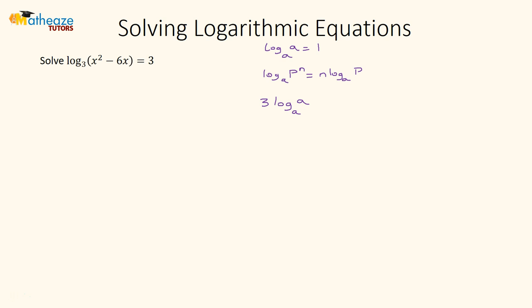So let's substitute here. We're going to end up with log to base 3 of x squared minus 6x is equal to log to base 3 of 3 cubed. Now, there's another way you could look at that.